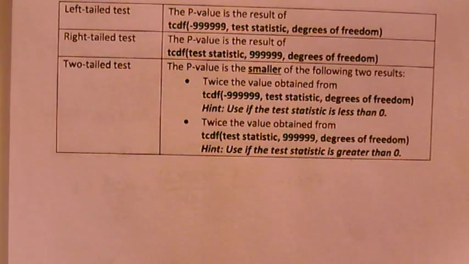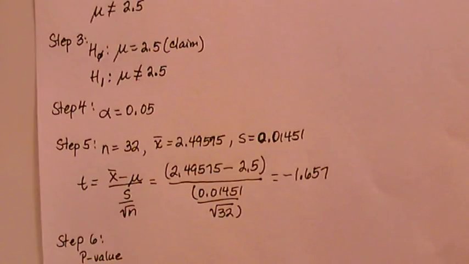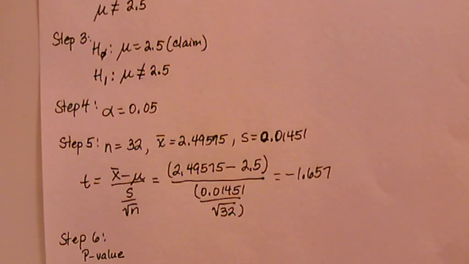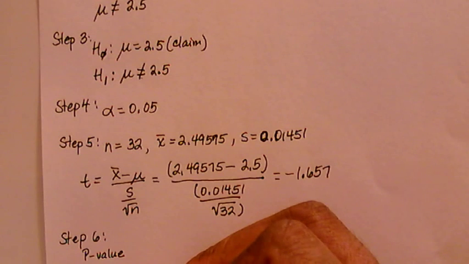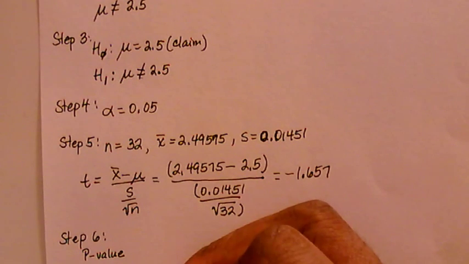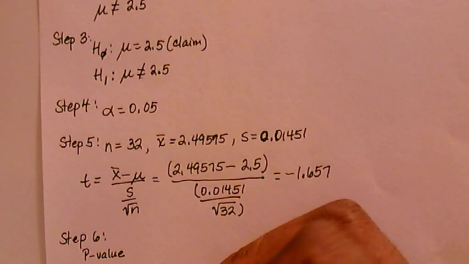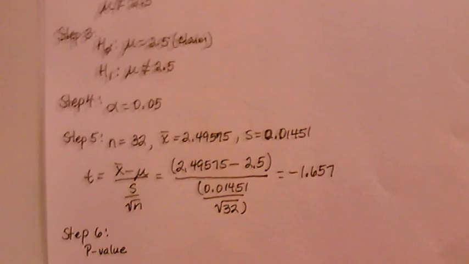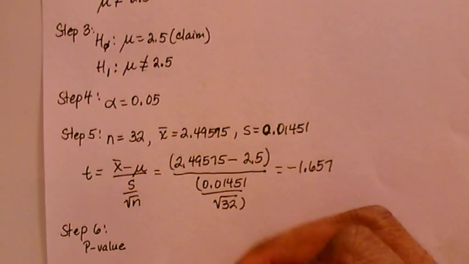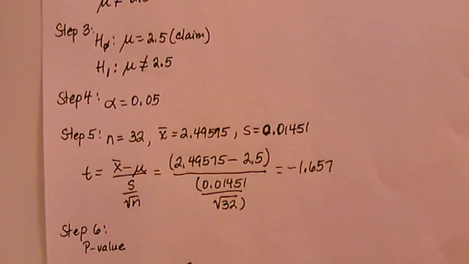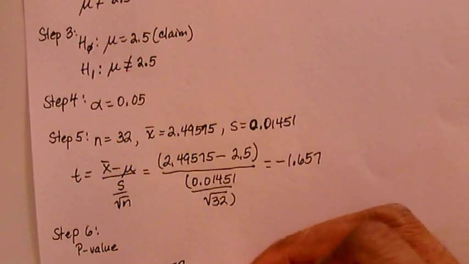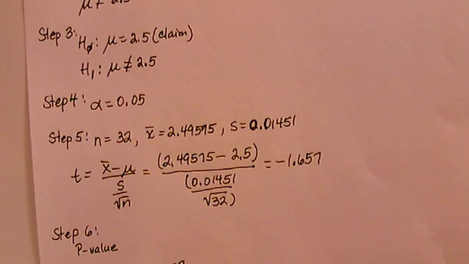That's this format. So what I'm going to do here is tcdf and use negative 999, and then my test statistic, negative 1.657, and then my degrees of freedom.